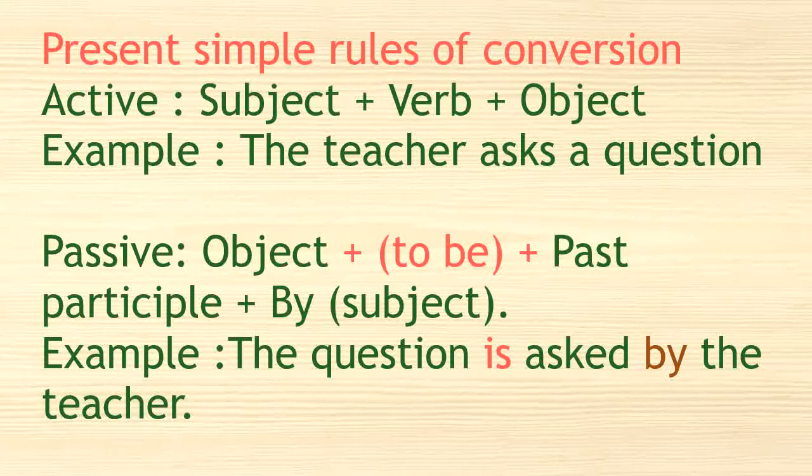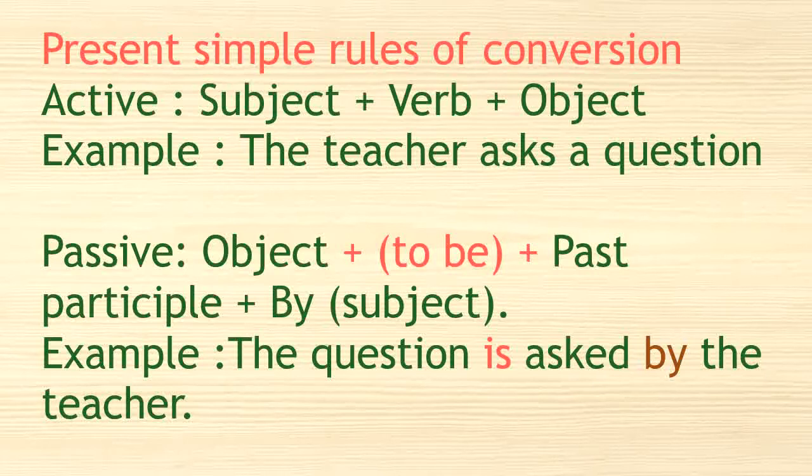And then what you do is you look at the main verb. The main verb in the active form here is asks. It is in the present simple. You look at its tense. You use the verb to be in the passive form in the same tense that the main verb is in the active form.